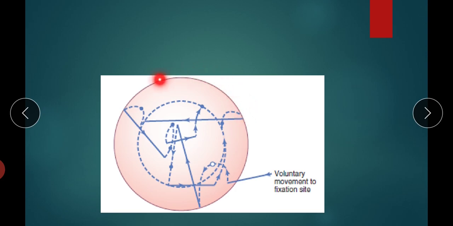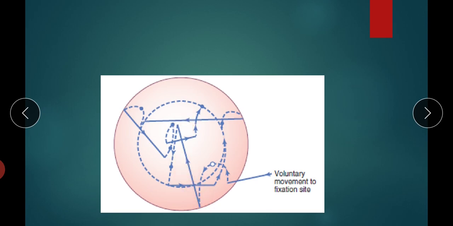In this figure you can see one point of the image continuously moving towards the edge. This round is the fovea, and the center point is the fovea centralis. The dotted lines suggest the slow drift movement, which moves the focus away from the center to the periphery, and all the solid lines are flicking movements, which drag the image toward the center.